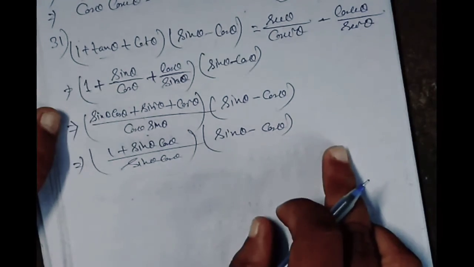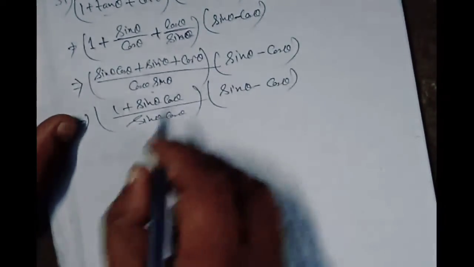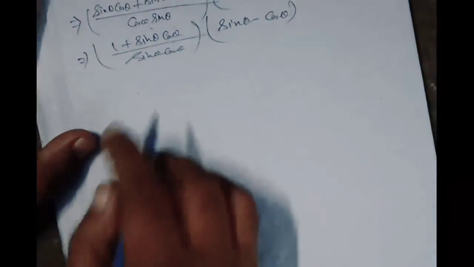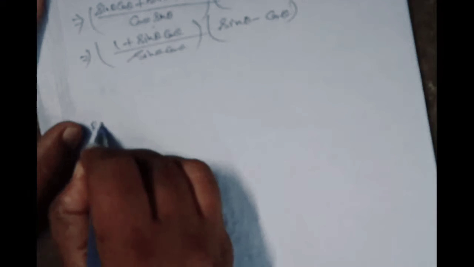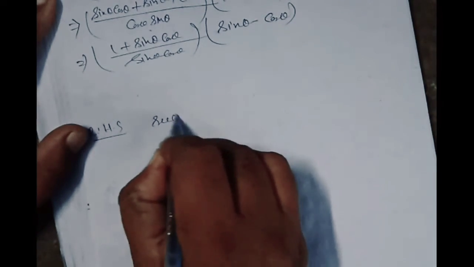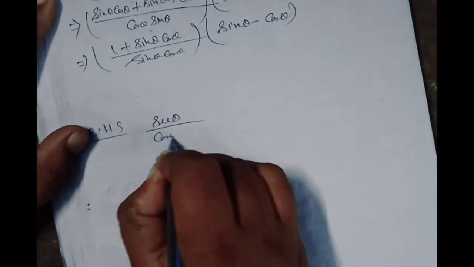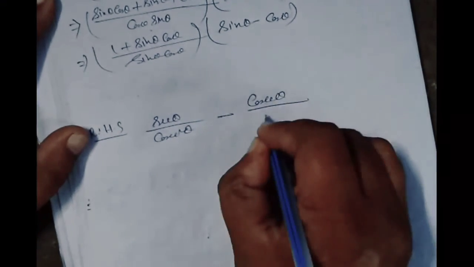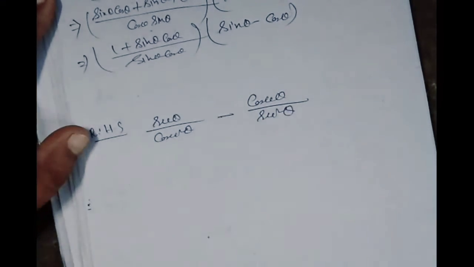Now, this is the LHS that we have taken. If we take the RHS, RHS equals sec theta by cosec square theta minus cosec theta by sec square theta.